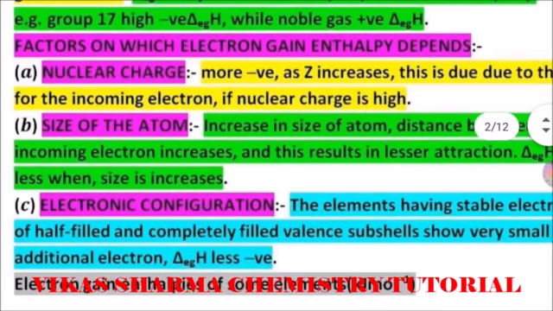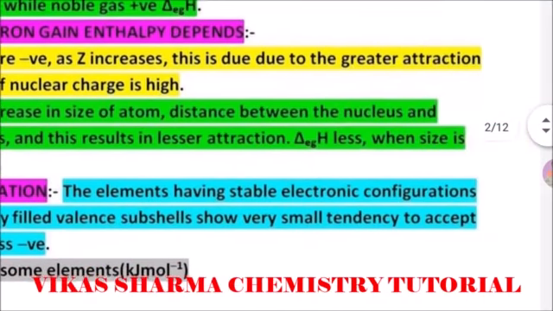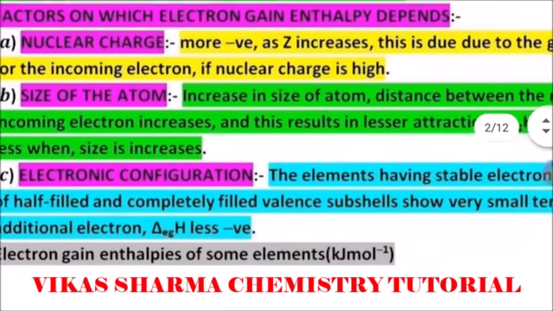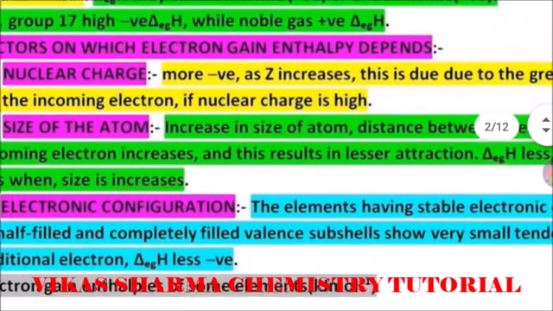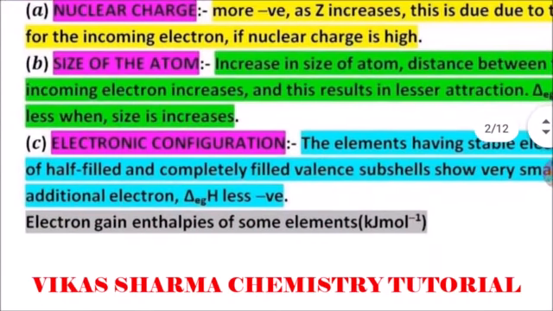There are various factors on which electron gain enthalpy depends. The first one is nuclear charge: it becomes more negative as Z increases. This is due to the greater attraction for the incoming electron if the nuclear charge is high. For example, a halogen has a more negative electron gain enthalpy.